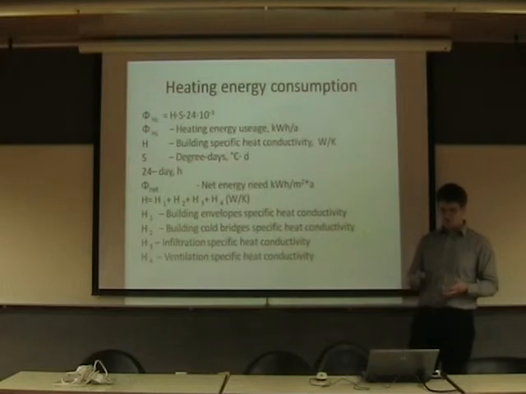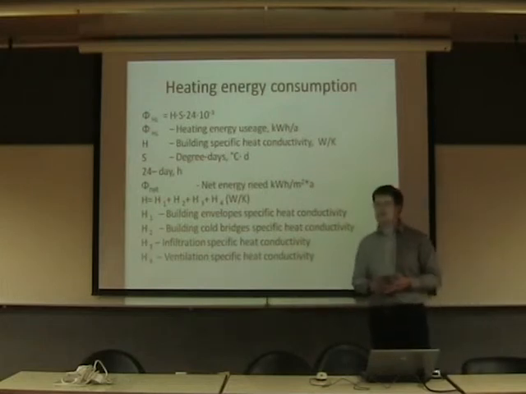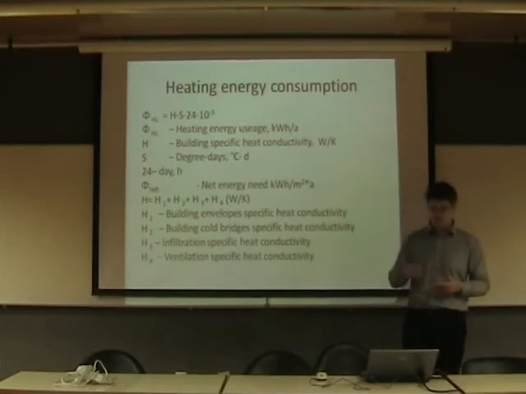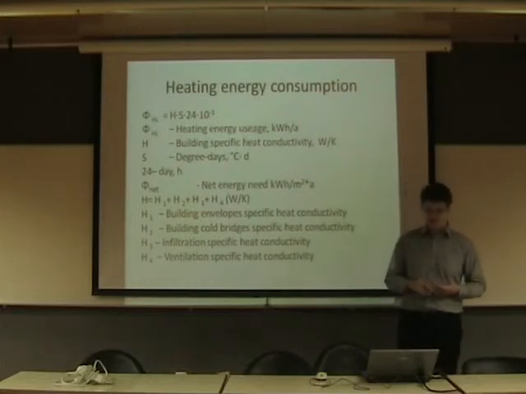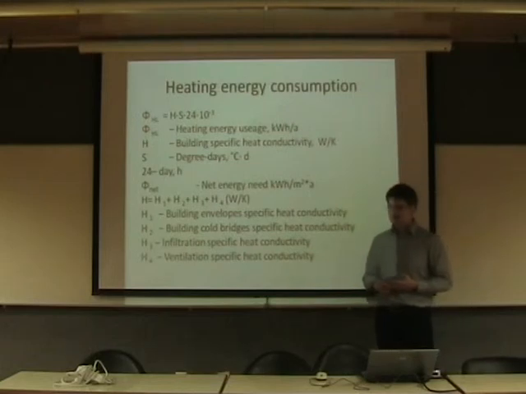Heat gains come from people, from electricity, and from the sun coming through the windows. When we have lots of indoor heat gains from sun, people and electricity, the energy usage will be less.